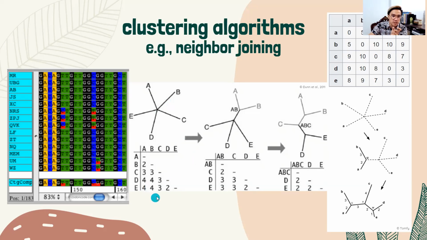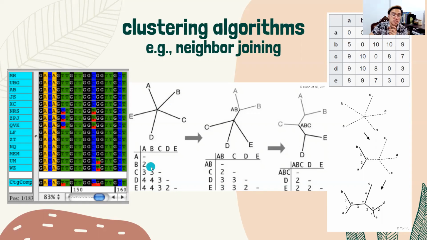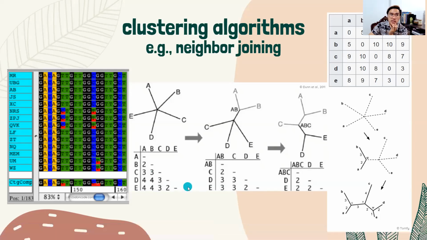In this case, if you take a look at the genetic distance units right here, you can see that maybe it's A and B that have shorter distance from each other. Actually, maybe D and E too. You can actually group them together and they will have the same. But for a clustering algorithm to work, it needs to group only two OTUs at a time. Of course, just one pair at a time. So it's essentially pairwise grouping.